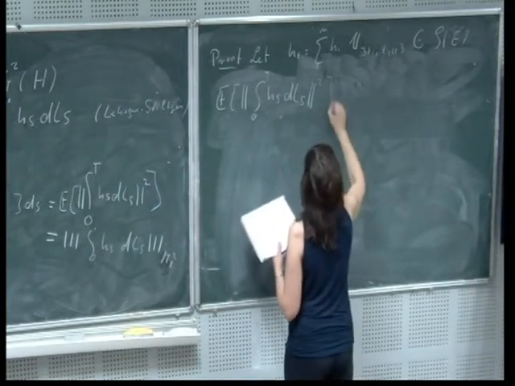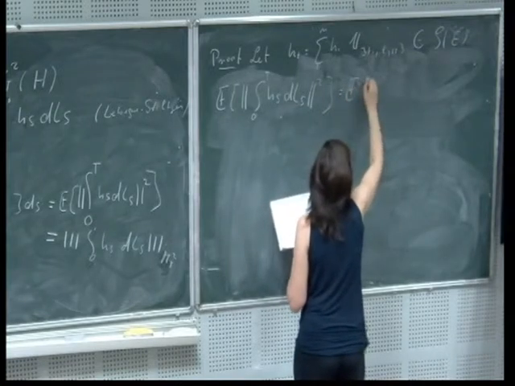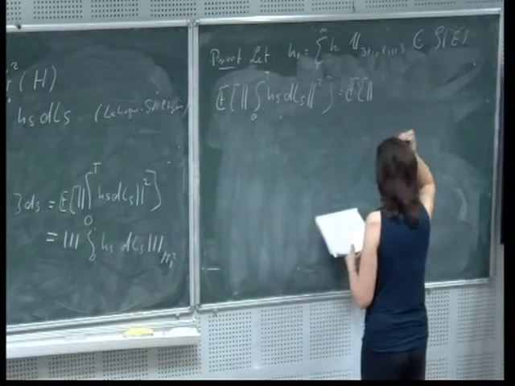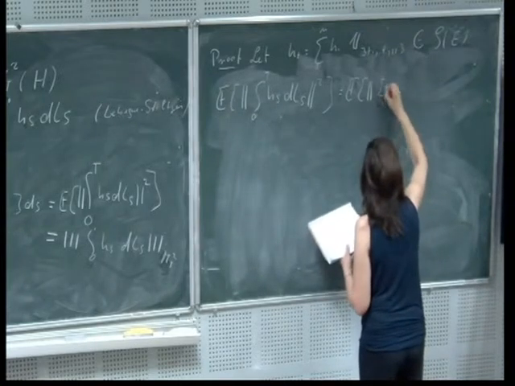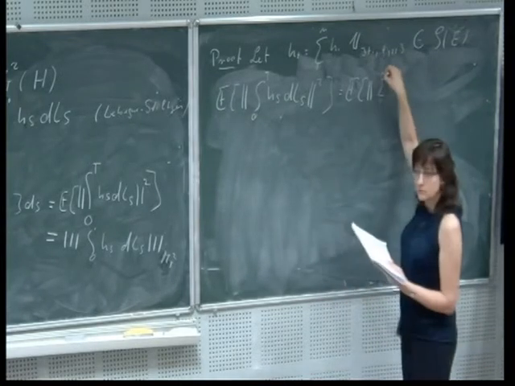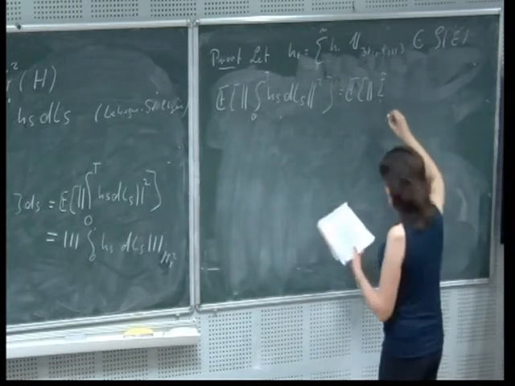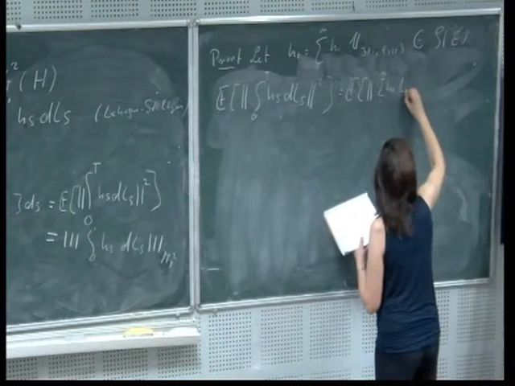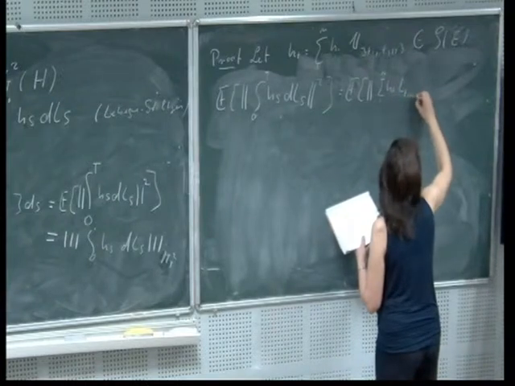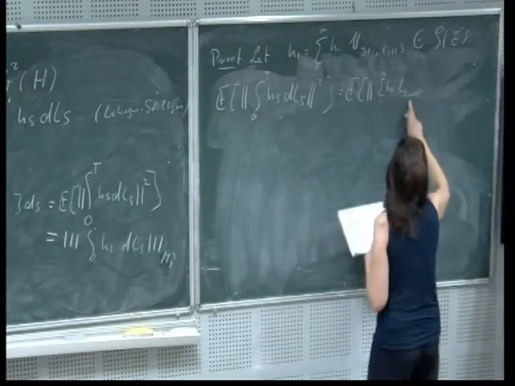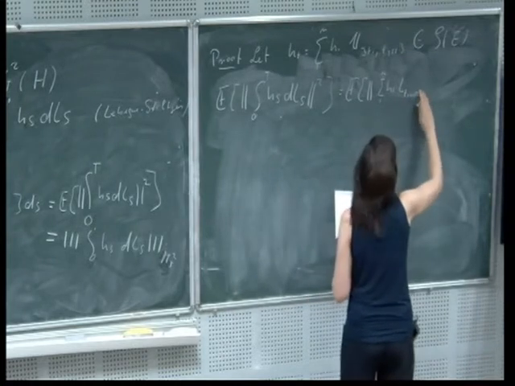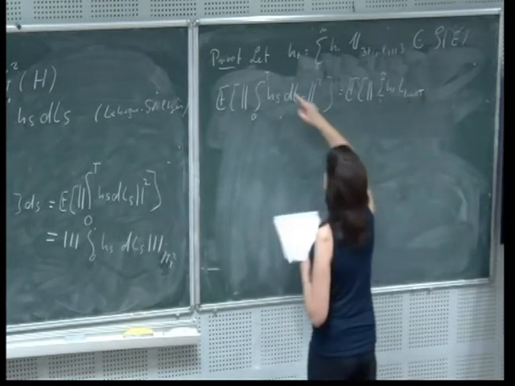So this is the second moment of the integral. Last time I didn't write it correctly. Somebody let me notice this, because in order to write it correctly, I should put that t_{i+1} is not bigger than t.